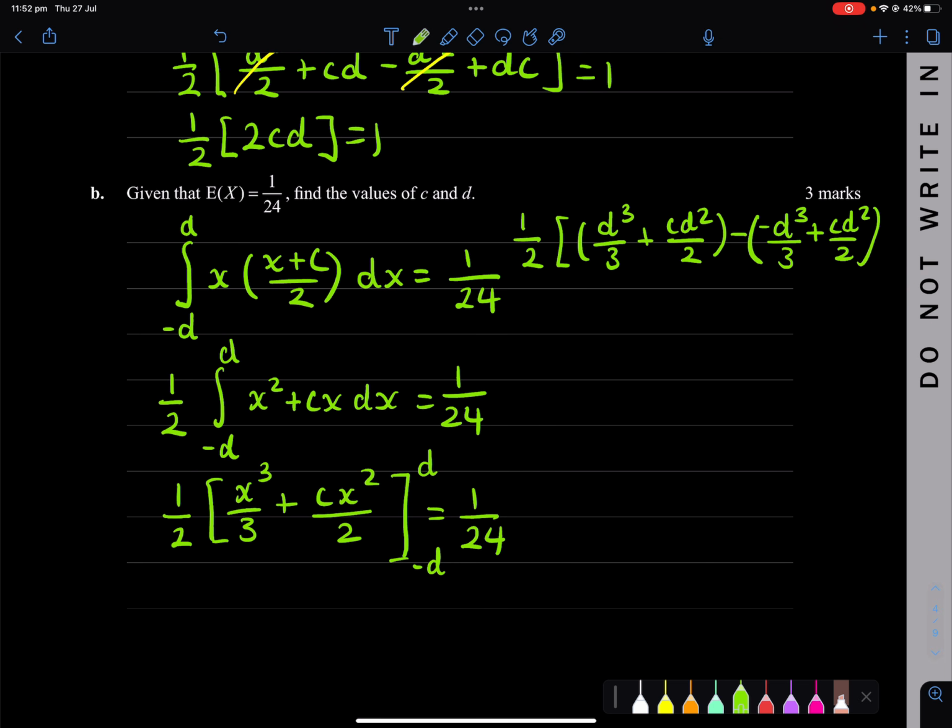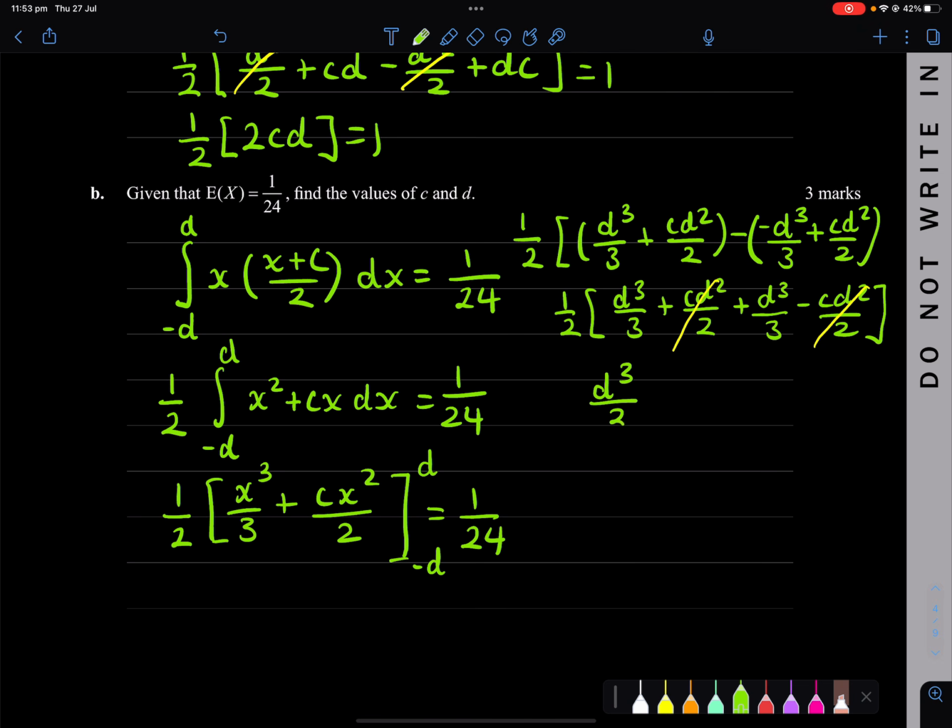Okay, now, half, so it'll be d cubed over 3 plus cd squared over 2 plus d cubed over 3 minus cd squared over 2. So the cd squared terms cancel out, and your answer here will be just d to the power of 3 over 3. Yep, so when we add these together, it equals 1 over 24.